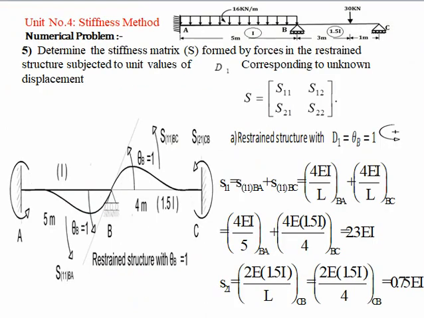Then we determine the stiffness matrix. To determine it, our unknowns are 2, that's why the matrix is of 2 by 2 size.